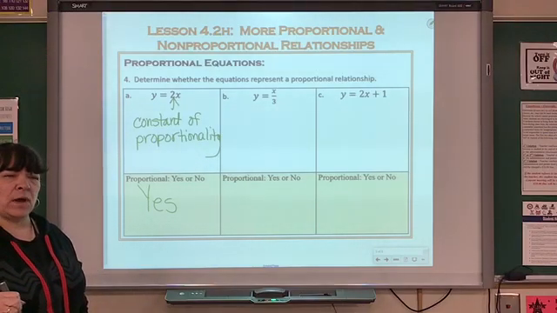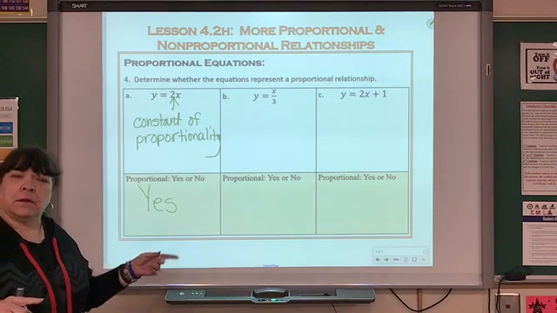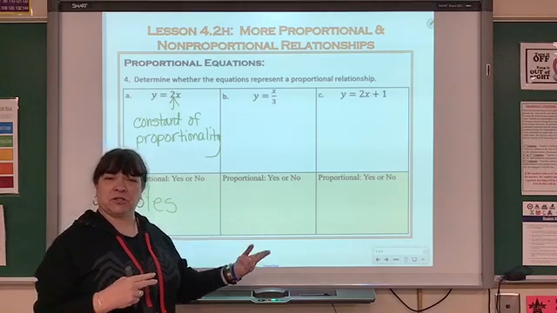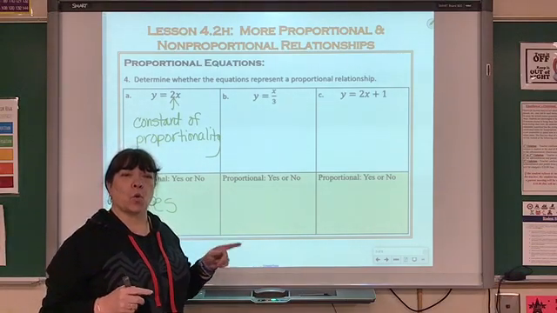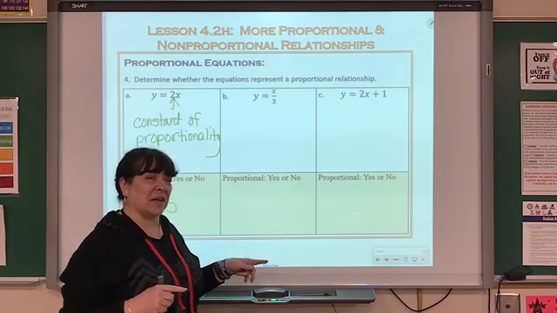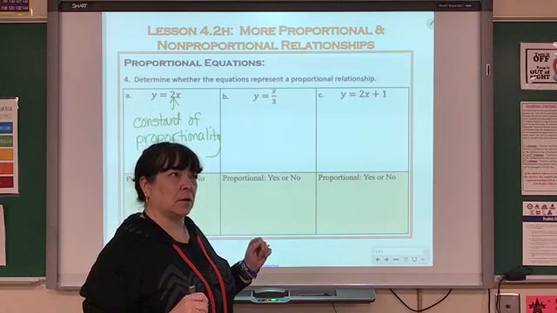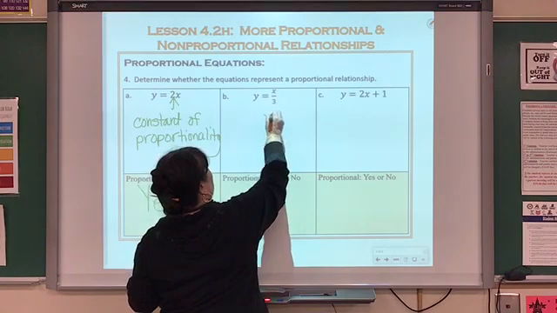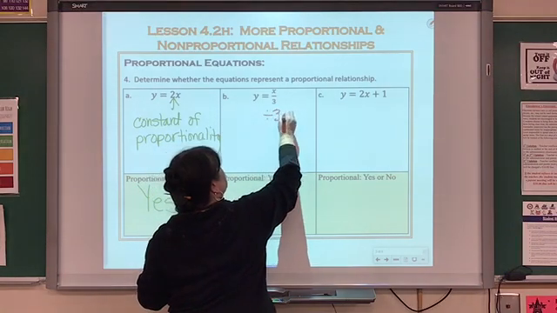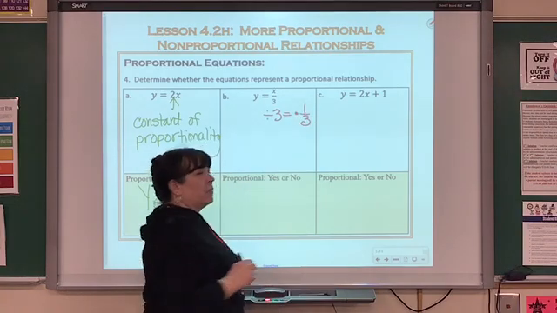B, wait a minute, it's got divide. Uh-oh. But division and multiplication are inverses of each other. I can actually write divide by 3 as times its reciprocal. So, remember, dividing by 3 is the same as multiplying by 1/3.